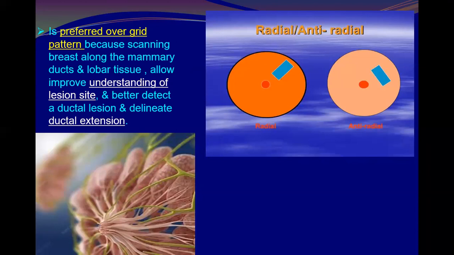when we put the transducer in a radial direction, this is the direction of the ducts. If you can see it here, this is the transducer along the ductal system. That is why. While the Minder technique, or grid technique, will be transverse or longitudinal, it will cross the ductal system.